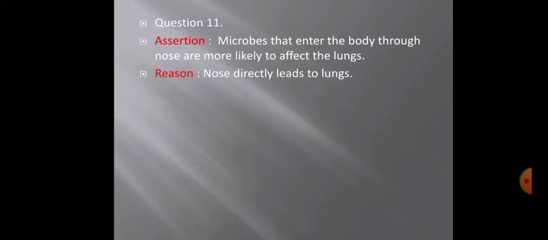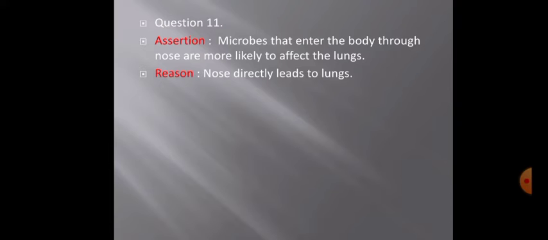So yes, the nose is the organ which helps microbes enter our body, and mainly the nose is connected with our respiratory system. So microbes that enter our body through the nose will definitely affect our lungs. So the assertion is absolutely correct.